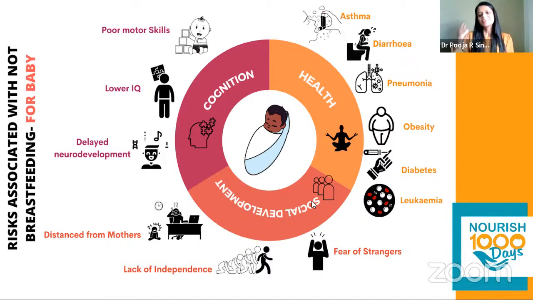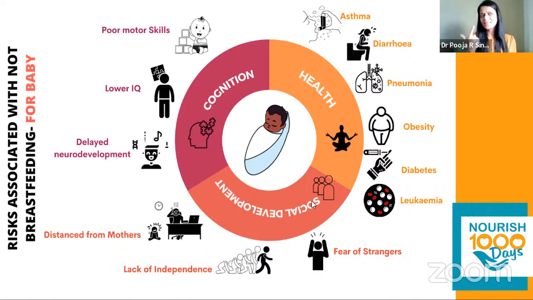So for that, health-wise, you are protecting the child against pneumonias, diarrheas, asthma, allergies, obesity, diabetes, and even cancers such as leukemia. You're protecting them against those by doing breastfeeding adequately. Then, in terms of cognition, you will have a baby who is going to have better motor skills and a very high IQ.